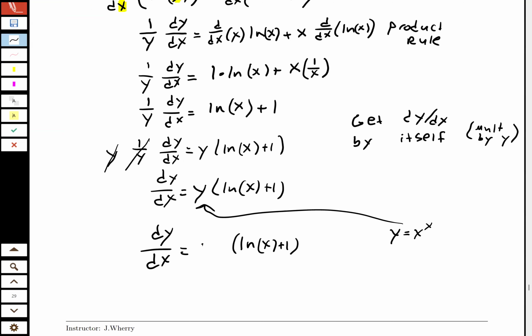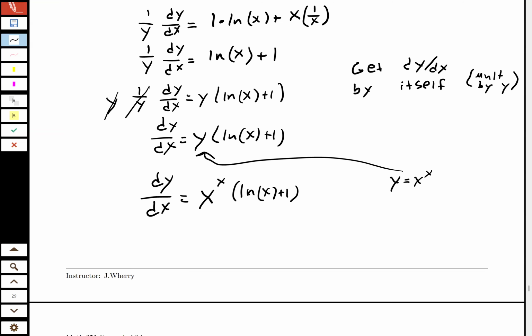So I'm going to replace that with its function. So this tells me my derivative with respect to x of x to the x is x to the x times ln of x plus 1.